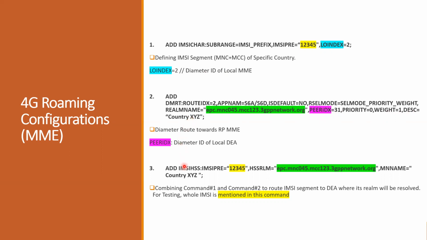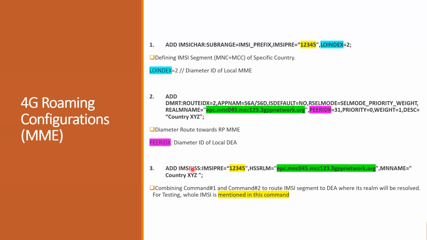The third command is basically combining these two. So you're basically adding the IMSI prefix toward this specific DEA, and that specific DEA is then going to send the request to the GRX and IPX.